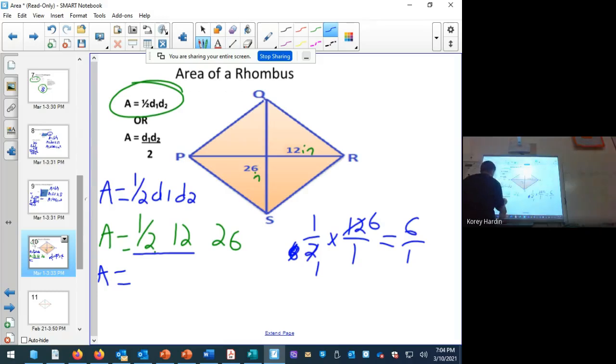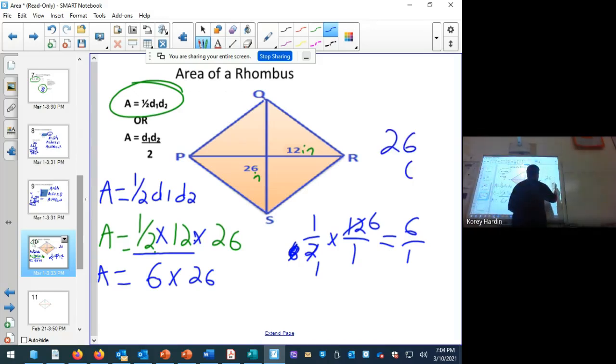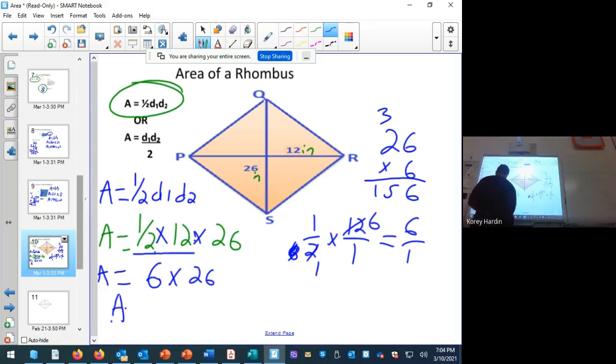So that means area equals 6 times 26. I'm going to add multiplication symbols in here just to help us. So 6 times 26. 26 times 6. 6 times 6 is 36. Carry the 3. 6 times 2 is 12. Plus 3 is 15. So I've got 156.